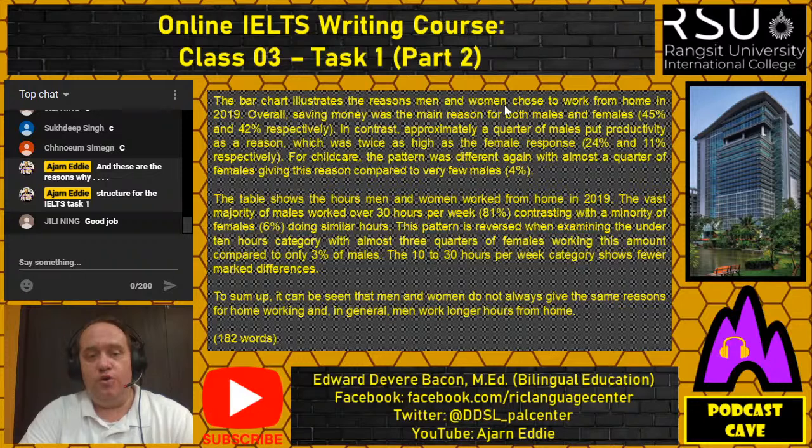The vast majority of males worked over 30 hours per week, contrasting, and this is another good keyword, contrasting with a minority of females doing similar hours. This pattern is reversed when examining the under 10 hours category, with almost 3/4 of females working this amount compared to only 3% of males. The 10 to 30 hours per week category shows fewer marked differences.